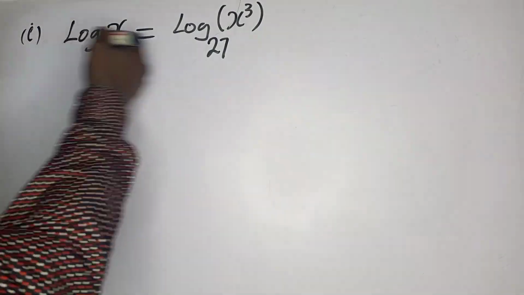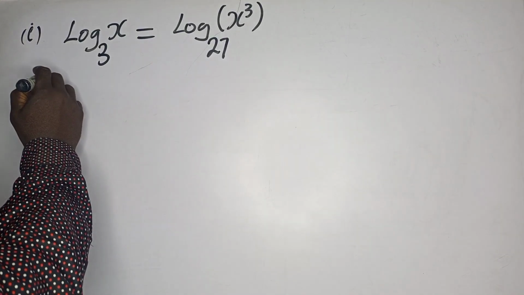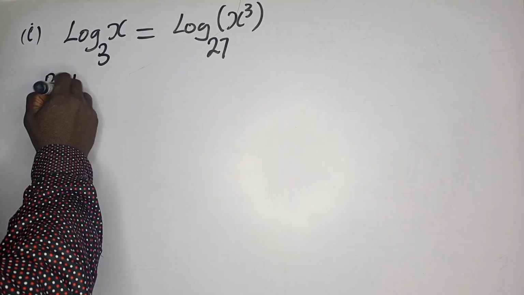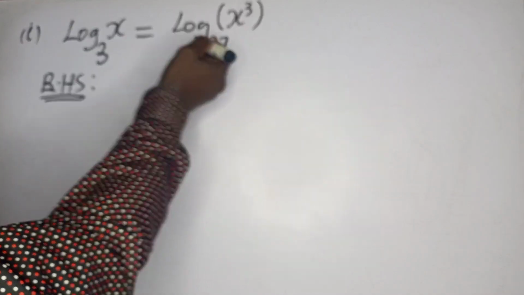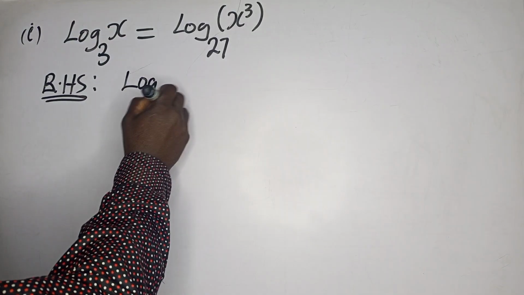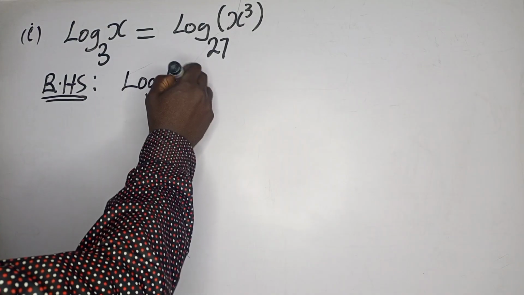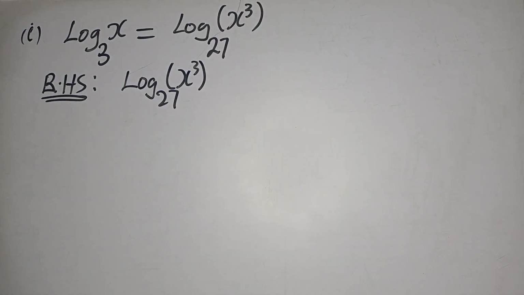We want to show that this left hand side is equal to the right hand side. If we work with the right hand side to get the left hand side, we want to show that log to the base 27 of x cubed will be equal to log to the base 3 of x. Now look at it carefully.